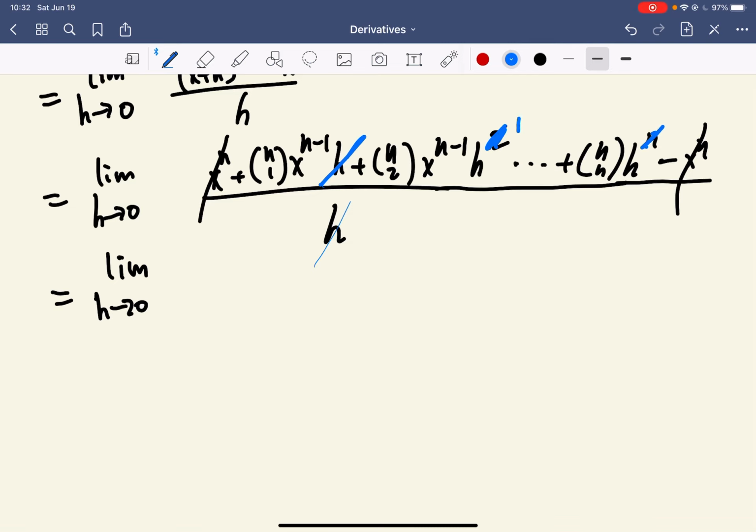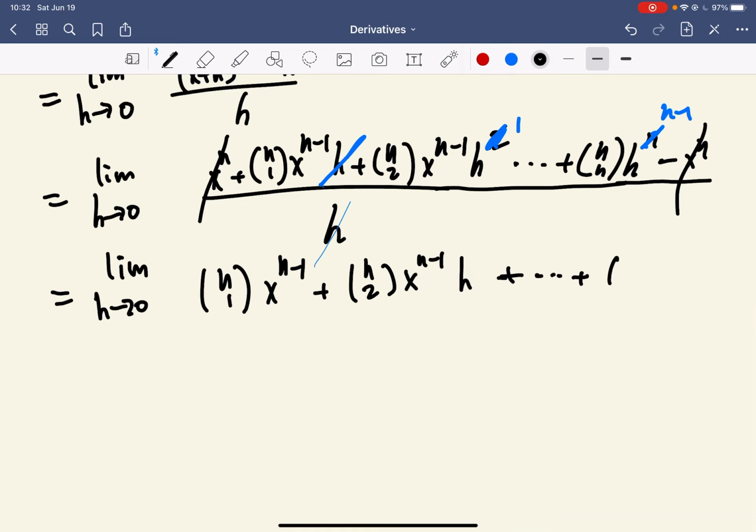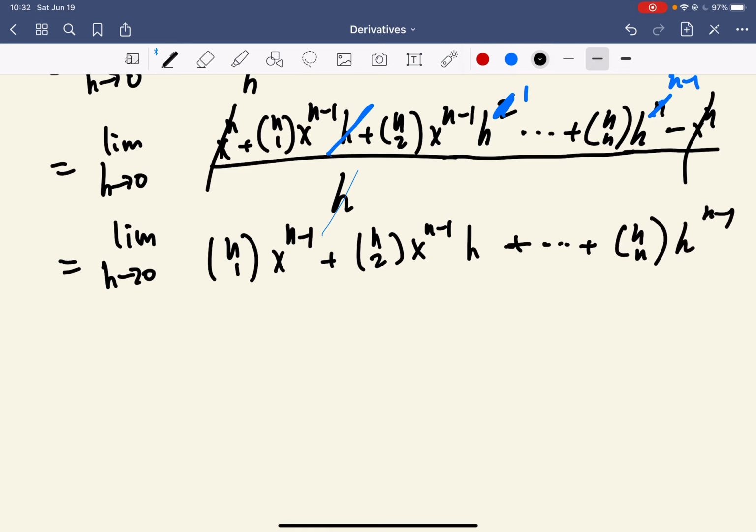That will become n choose 1, and that will become n choose 2, and so on. So then we have n choose 1, x^(n-1), and then n choose 2, x^(n-2) h, plus dot dot dot, plus n choose n, h^(n-1).